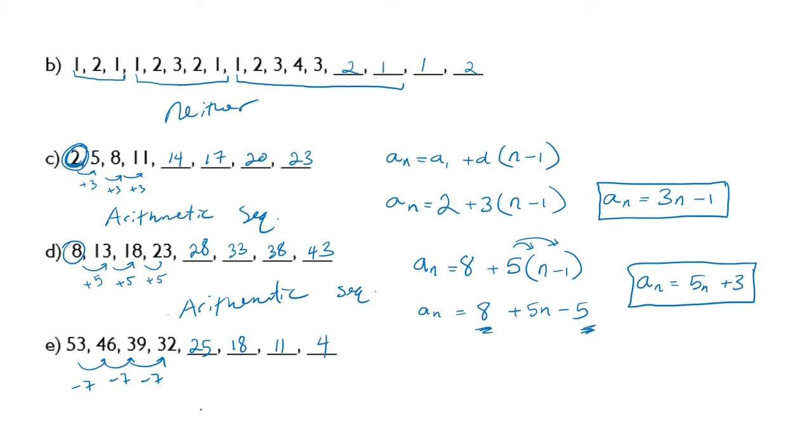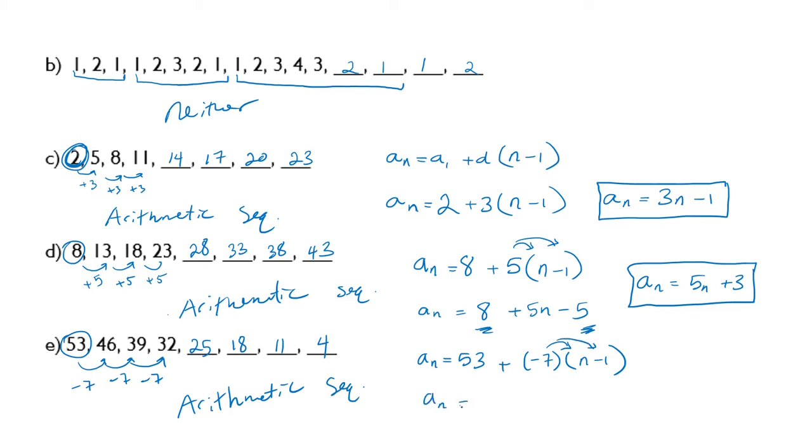This is still an arithmetic sequence, and we'll find a formula for this as well. We have a sub n equals, our first term is 53. Our common difference is negative 7, so we'll put negative 7 here, and we'll multiply it by n minus 1. We can distribute the negative 7.